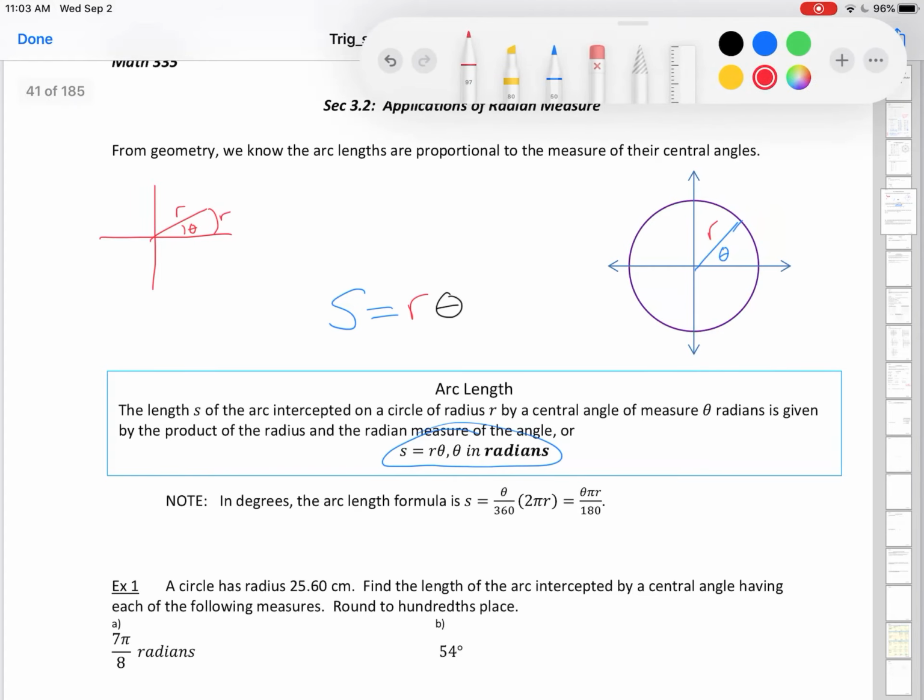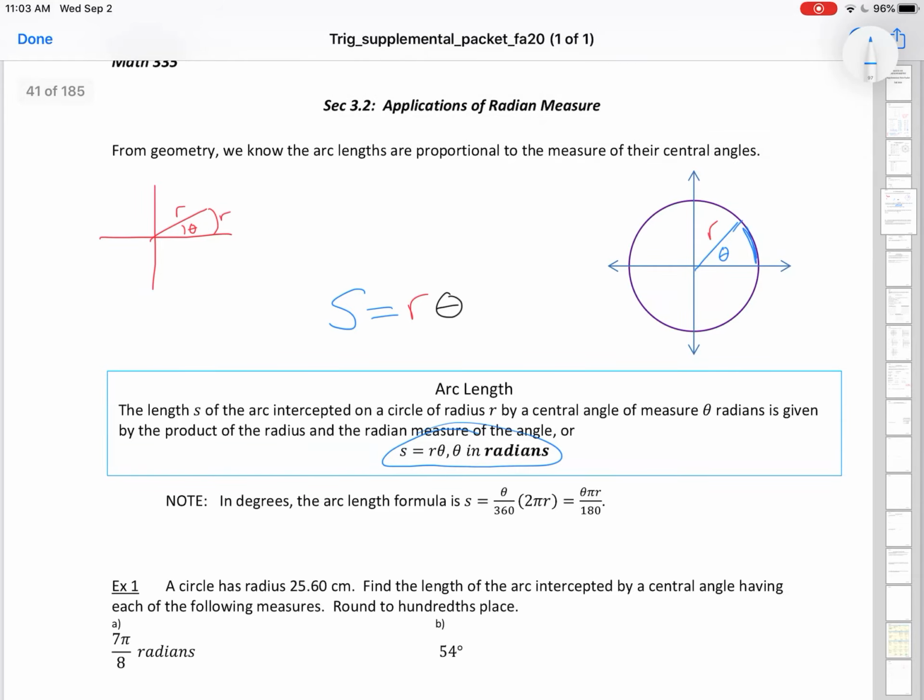What's S? Let me put S in the picture in blue. S is this picture right here. This arc length right here, I was going to put an arrow on it, but I shouldn't. This is what they're referring to as S. That's the arc that swept out. And there's lots of things that happen in a circular pattern, and so the arc length is something that we are very interested in. And theta is for sure just the angle there. So it's just simply R times theta.